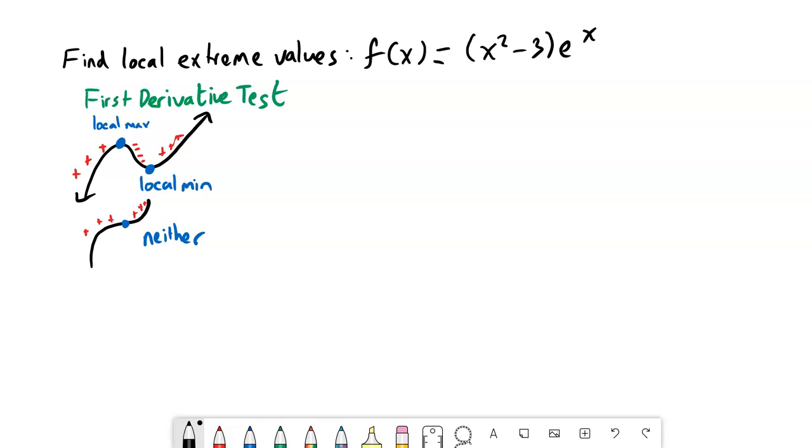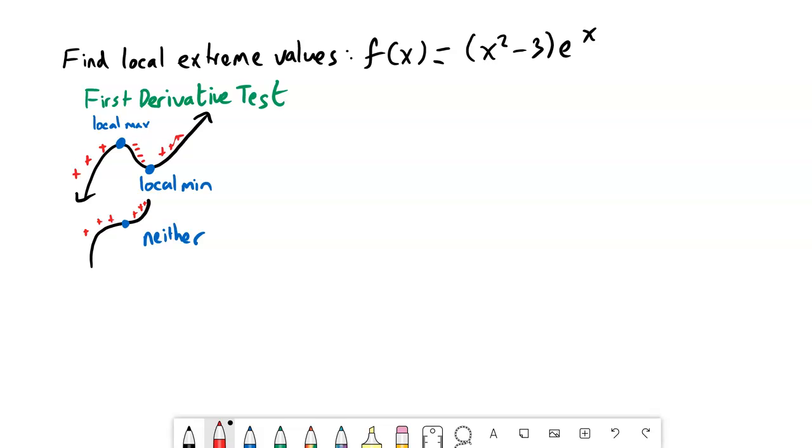The first derivative test says if we can find critical points, which are where the first derivative is 0 or undefined, in other words, the tangent line is 0 or it's undefined, we can find maxes and minimums very easily by applying the first derivative test. If this part on the left of the critical point is positive, and on the right hand side it's negative, it has to be a maximum value, hence the local max.